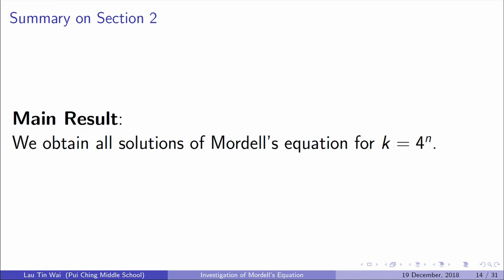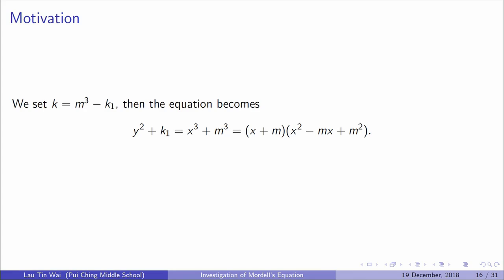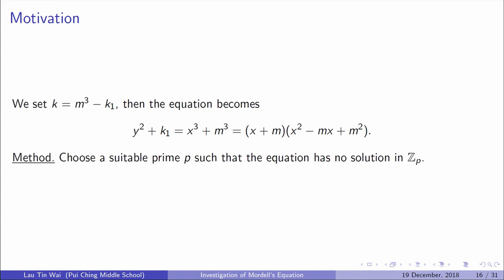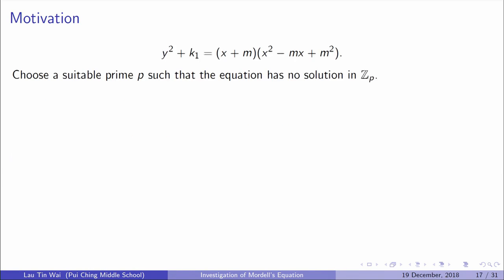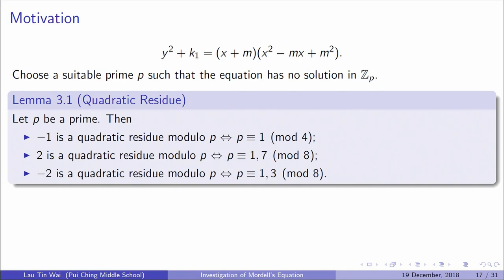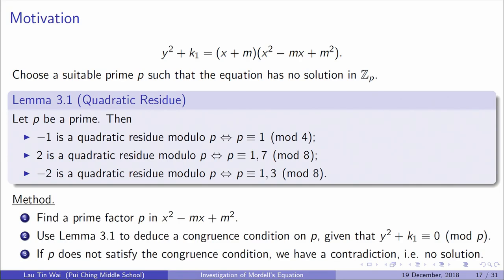Notice this is just a small class, so I'm going to employ other methods to solve a bigger class, which is section 3. During this time, I set k as m cubed minus 1. The equation becomes this. The method is that I choose a suitable prime p such that the equation has no solution. How to choose that? By the theory of quadratic residues.